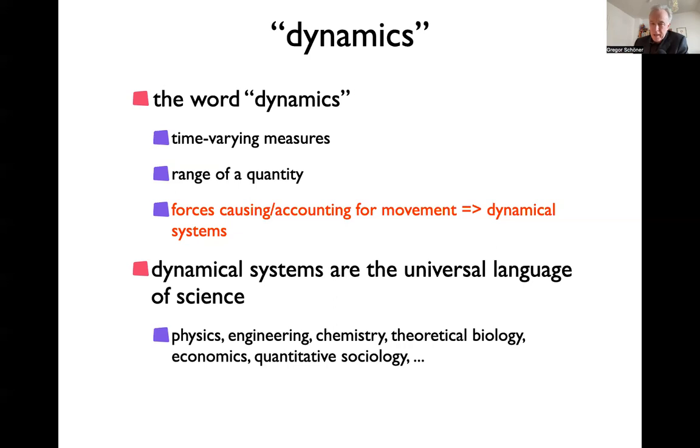As a mathematical theory, it is maybe the most universal language of science. Across all different disciplines, you can really say that a lot of the mathematical formalization is using dynamical systems. There are probably only very few other branches of mathematics that have as broad and general applicability as dynamical systems. Of course, linear algebra and the structure of data and so on are important.